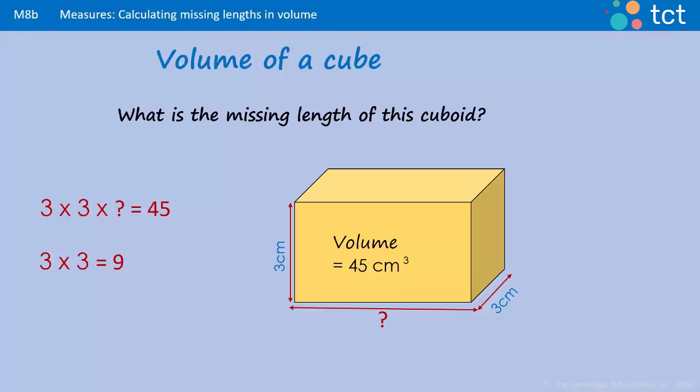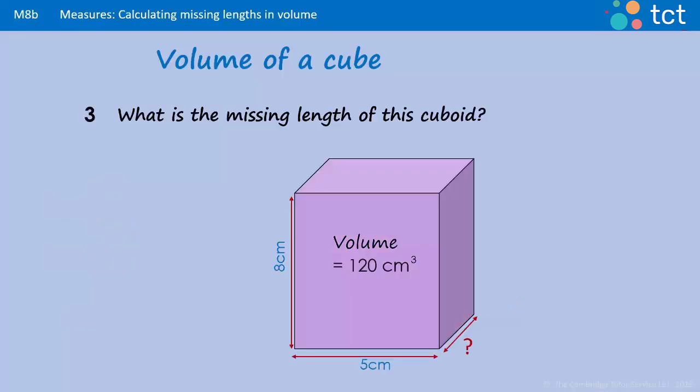If we take the volume of 45 and divide that by 9, that should give us the missing dimension. 45 divided by 9, well, 5 times 9 is 45, so that missing length must be 5 centimetres. And if we check that, 3 times 3 is 9, and 9 times 5 is 45. So that missing length is 5 centimetres.